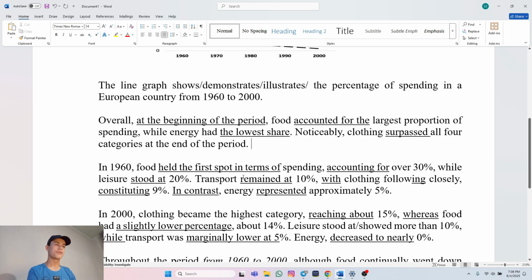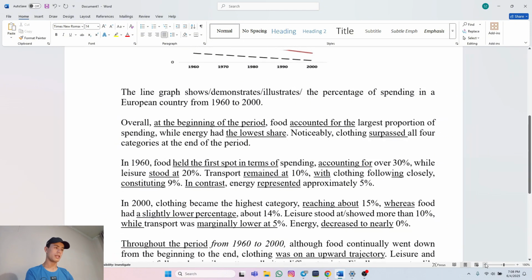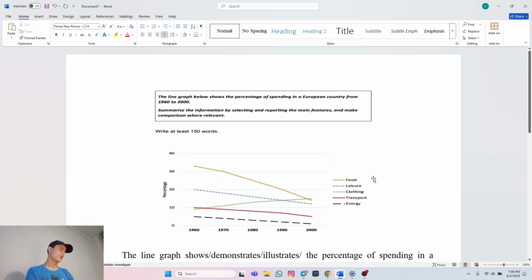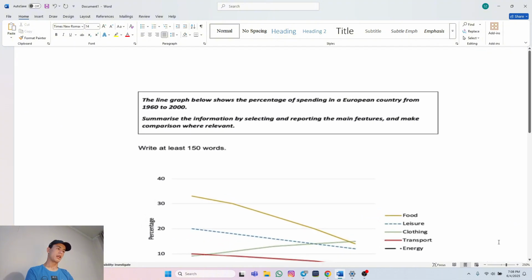However, I forgot to record my screen now. I'm about to show how I wrote this essay within about 15 minutes. Okay, let me show you the line graph.